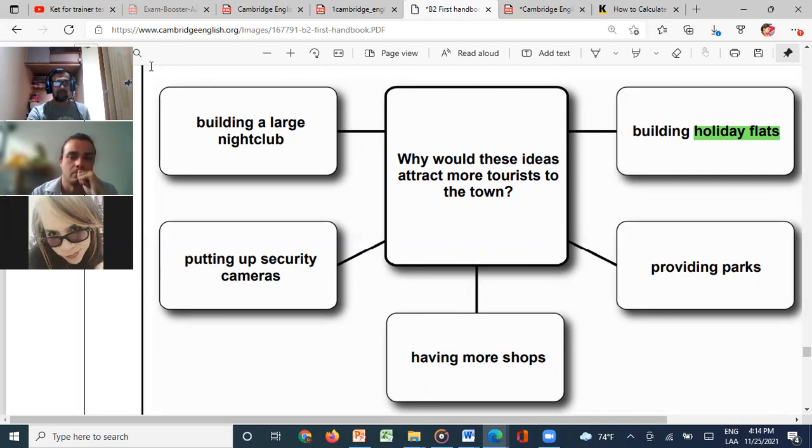Okay, I recommend. I recommend. Wait. I recommend spaces for shopping near your building flat.